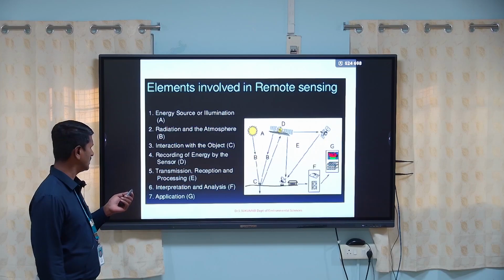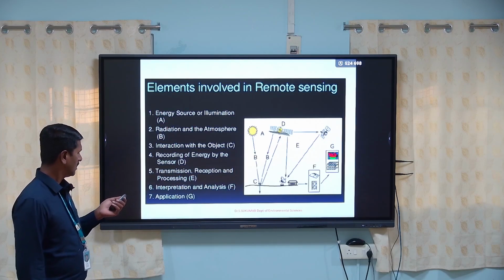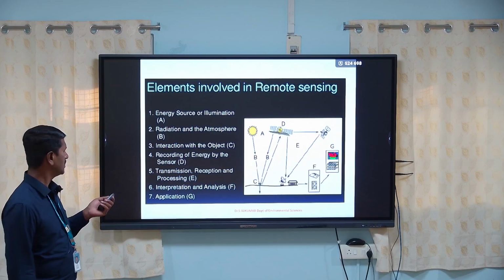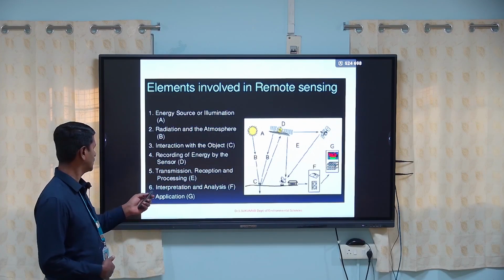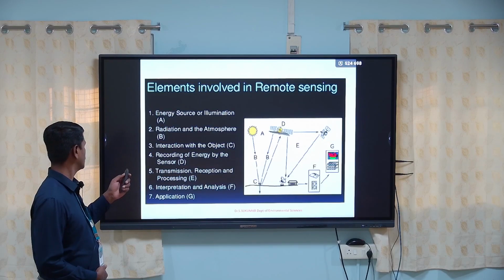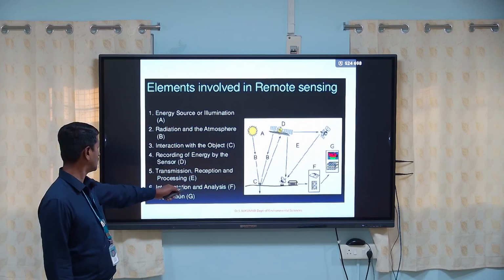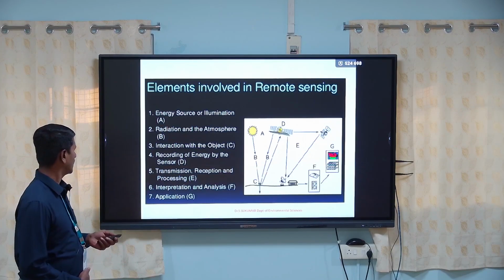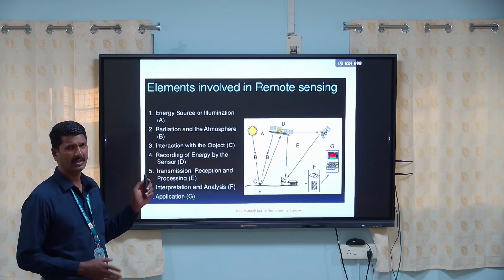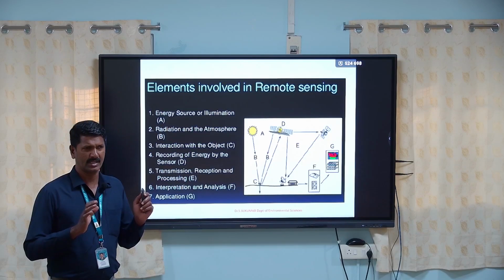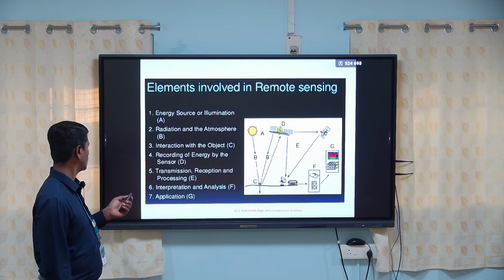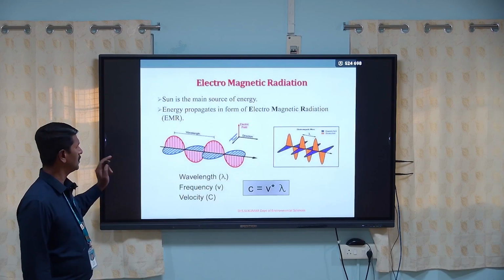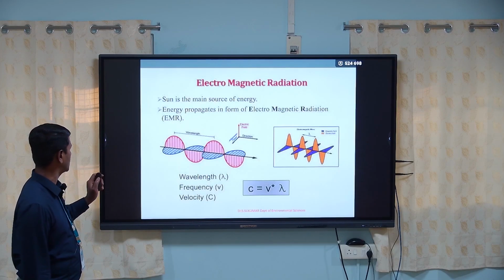After that, the energy is reflected towards the satellite direction. That is B. C, number three, is the interaction with the object. Number four is recording the energy by the sensor. The sensor is already kept in the satellite, and the satellite sensor captures all the readings. So this is the simple diagram of electromagnetic radiation.